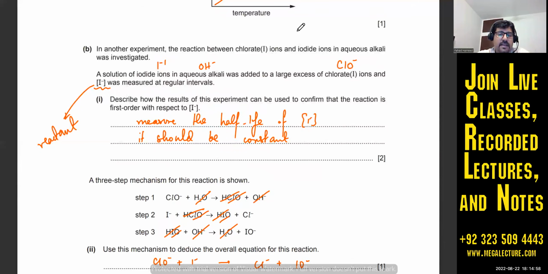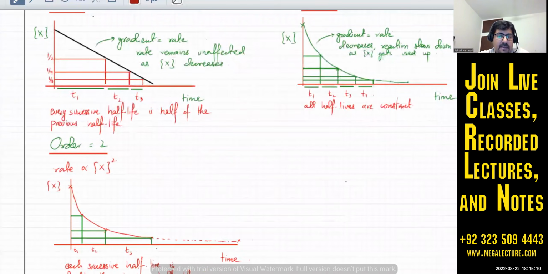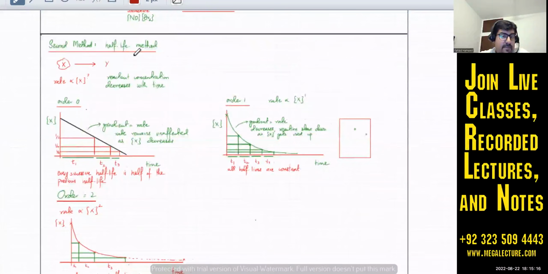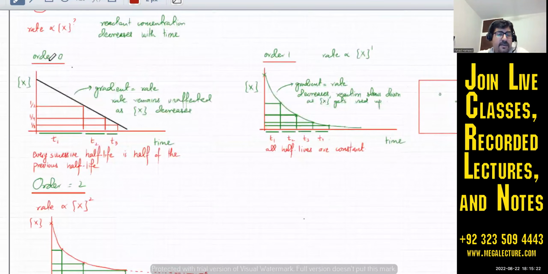Part 1, this one. He says there's a reaction happening between chlorate and iodide ions, right? And I minus 1 was measured at regular intervals. Now remember, I minus 1 is a reactant, okay? When we did how many ways you can figure out the order of reaction, the second method was half-life. If you plot the reactant concentration with respect to time, all reactants eventually go to 0, right?